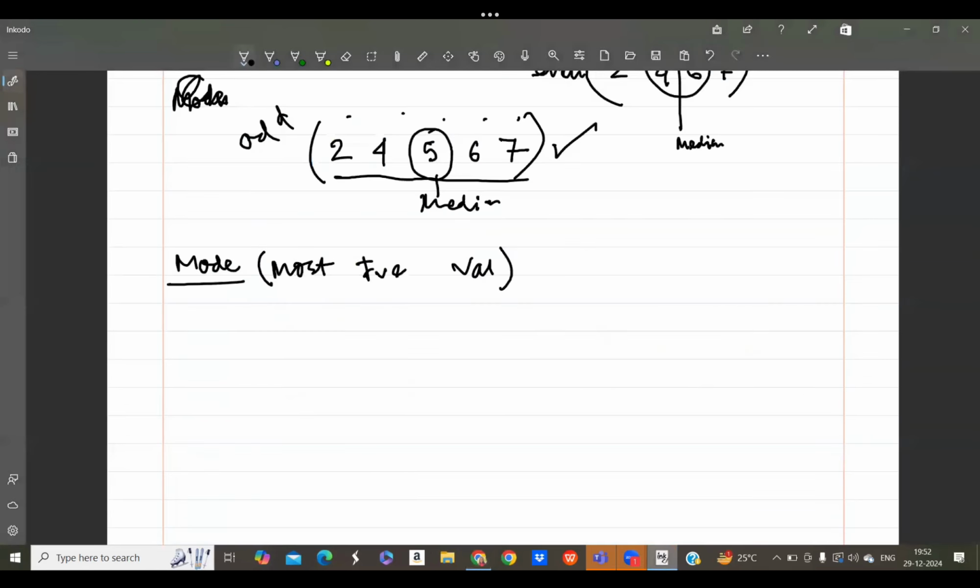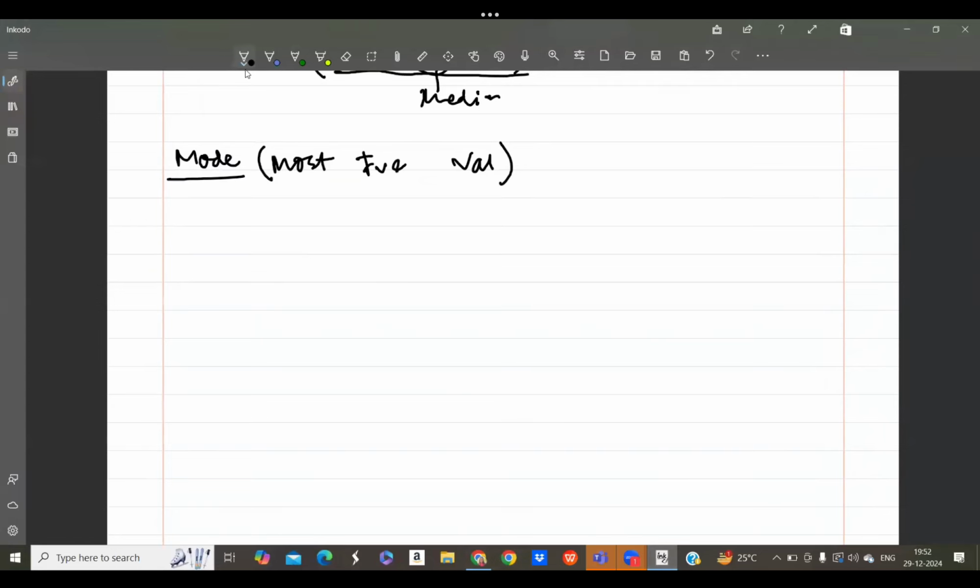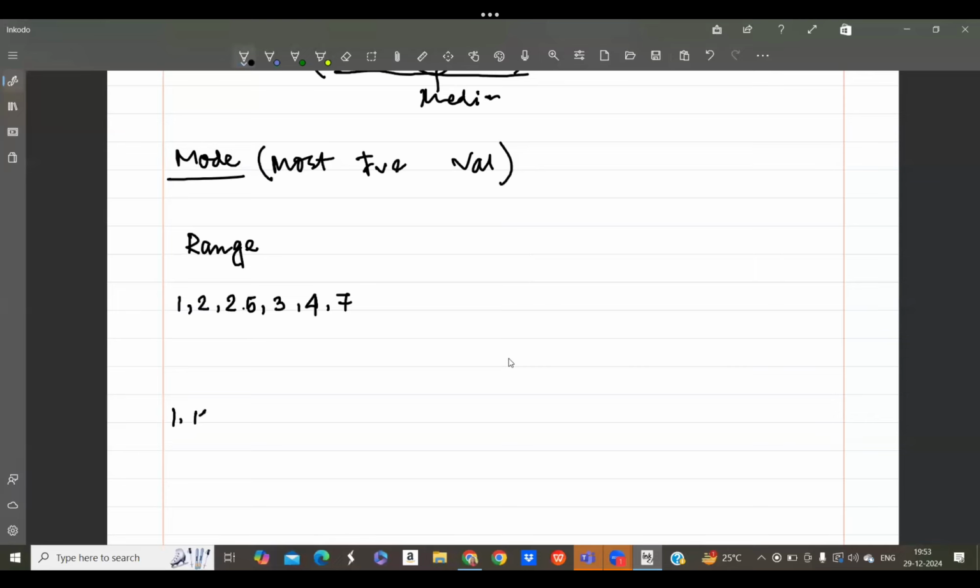Now let me show you one thing. When talking about range, here in this case, we have 6 data points, 1, 2, 3, 4, 5, 6.